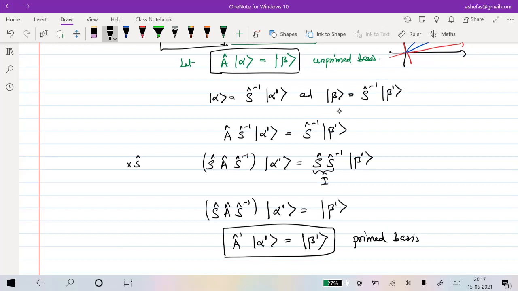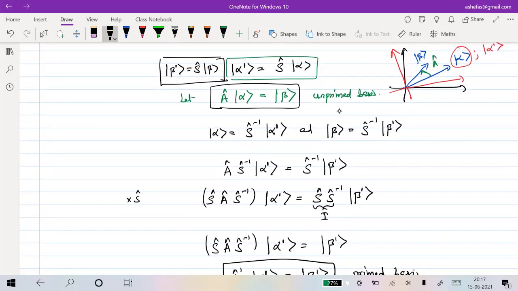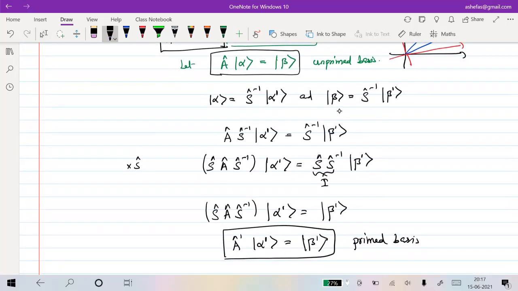So the transformation of vector alpha to vector beta in the unprimed basis, we can write as A acting on alpha equals beta. And in the primed basis, we can write A prime acting on alpha prime equals beta prime. Now, what is the connection between A prime and A?